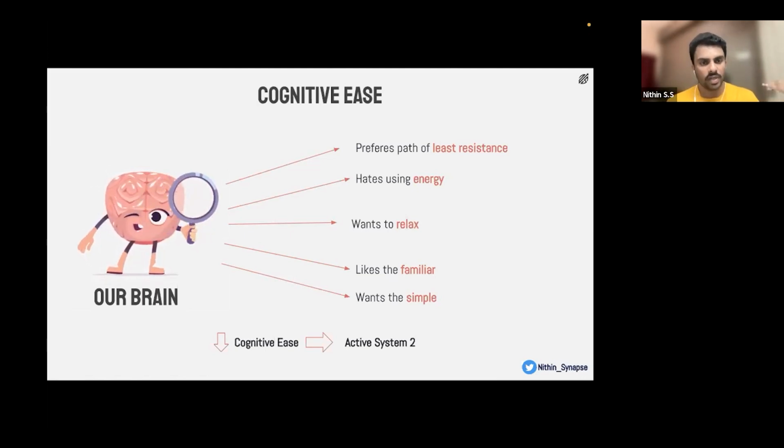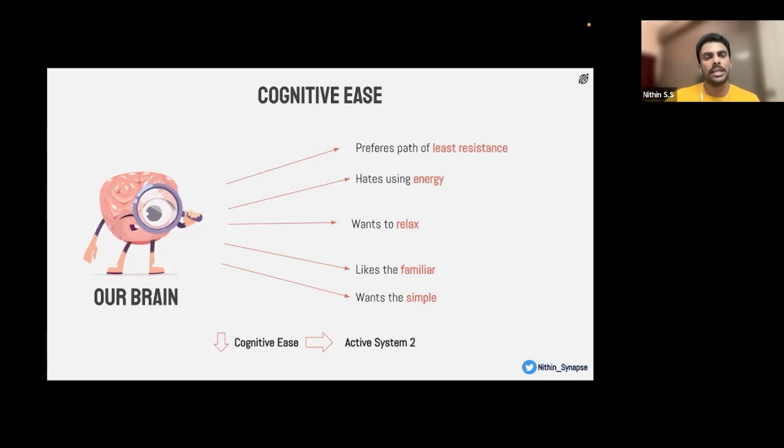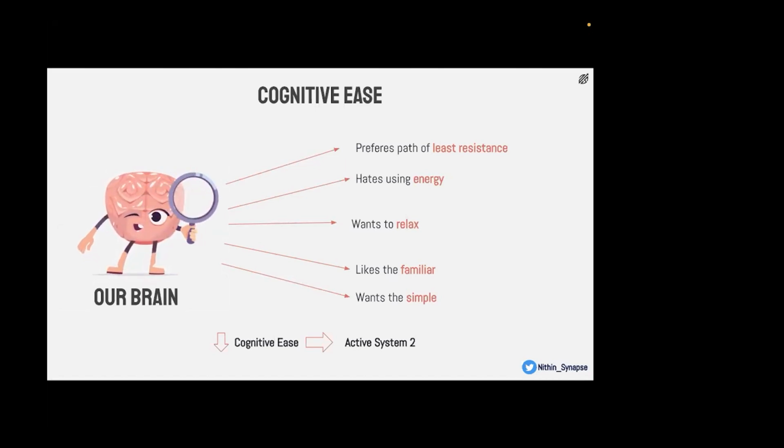So lower the cognitive ease, it activates the system two. So cognitive ease means how easy you can perceive some information, which can lead you to take certain actions. So if lower the ease, it will activate the system two and lead you to have a better understanding of the things around you.